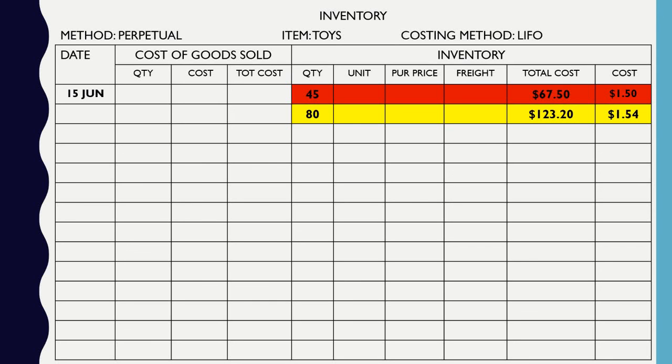So again, when we have beginning inventory, you're just going to transfer everything, and it's going to continue doing the same process over and over again. It's going to be based on the date that you purchased it. Okay, so the red batch, we bought it way in the beginning on June 1st, and my yellow batch is later on. It's going to apply the same way. We're going to take from our yellow batch and then move our way up.